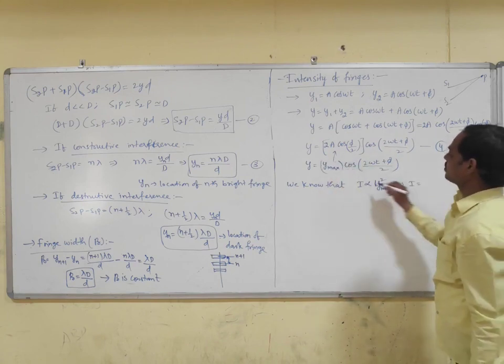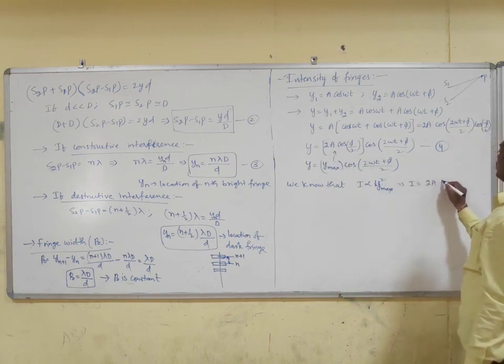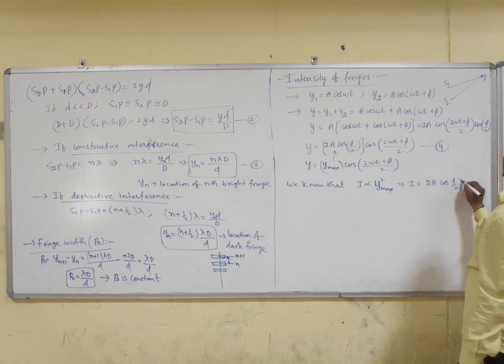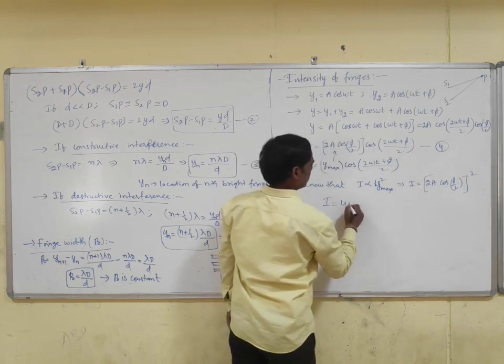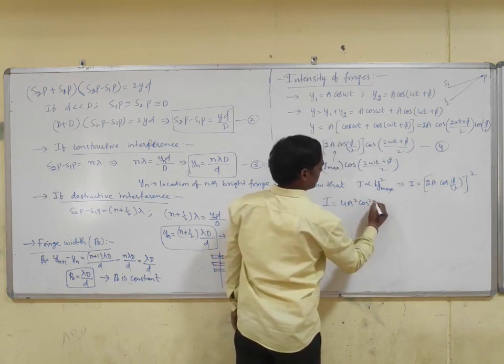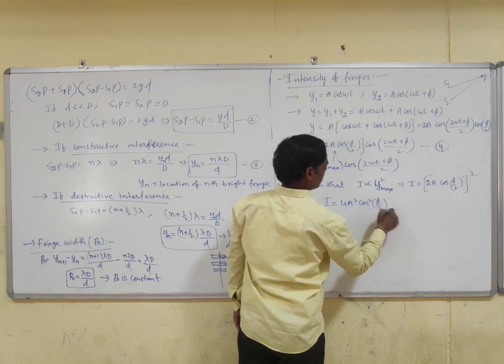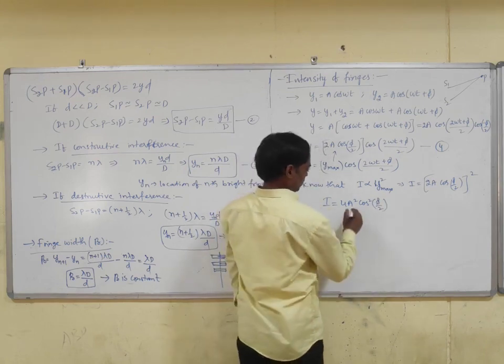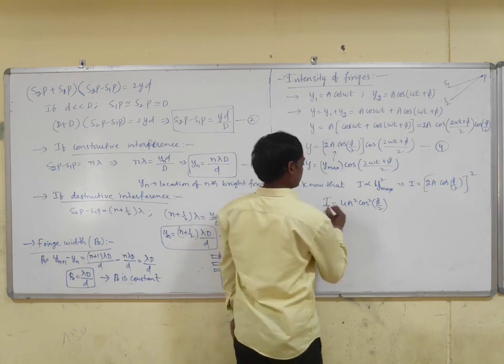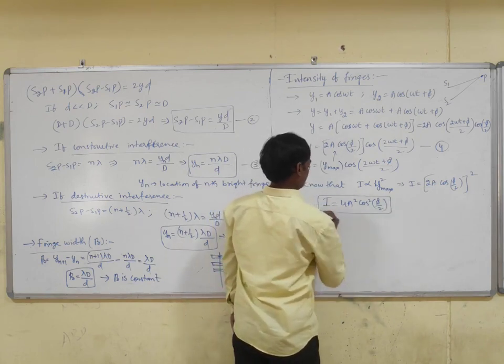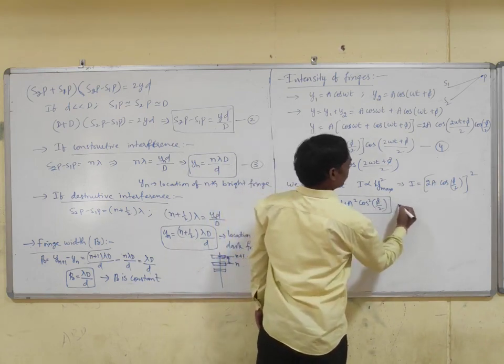So (2a cos phi by 2) whole square. I is equal to 4a square cos square phi by 2. This is the intensity we have, with a phase difference of phi.